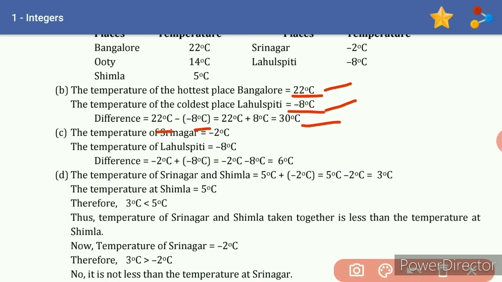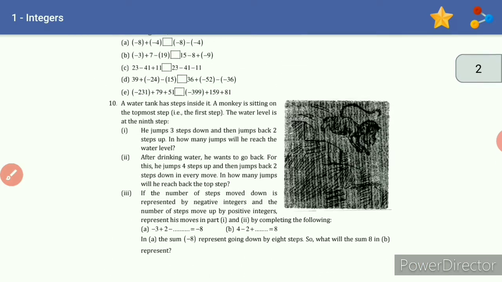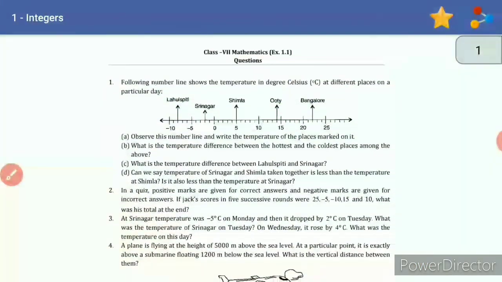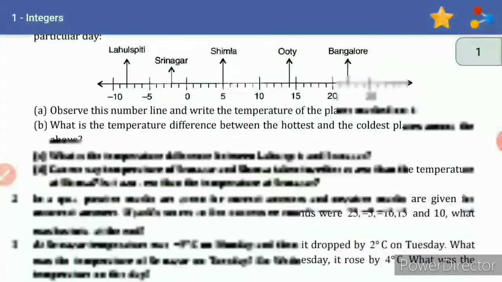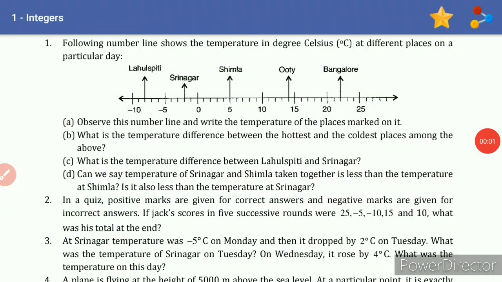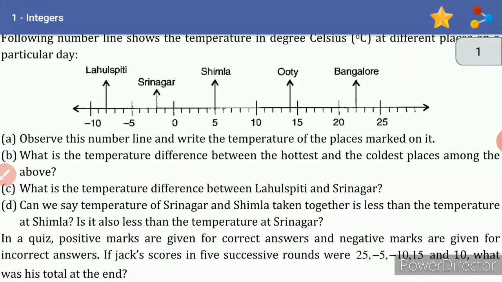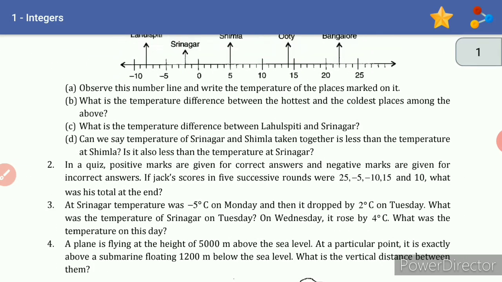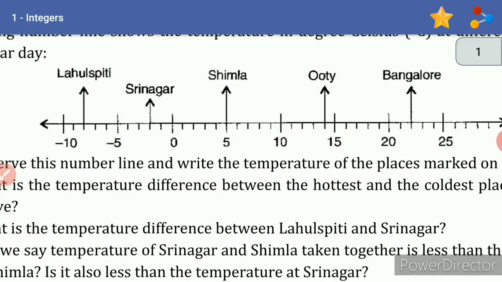Now the next question. The third question is, what is the temperature difference between Lahul Spiti and Srinagar? First let us write: the temperature of Lahul Spiti is minus 8, and the temperature of Srinagar is minus 2.